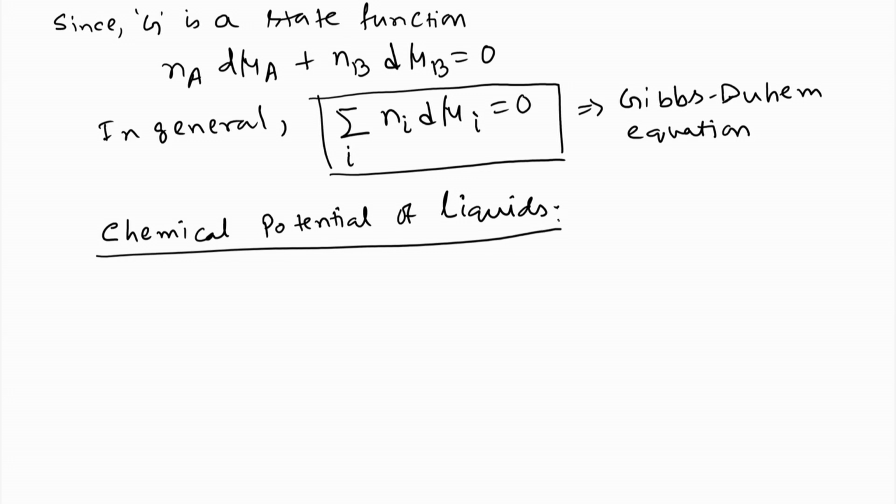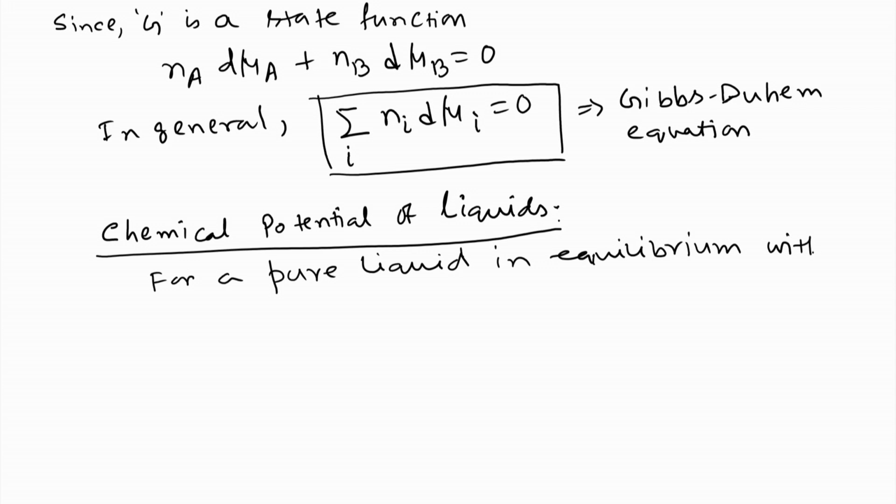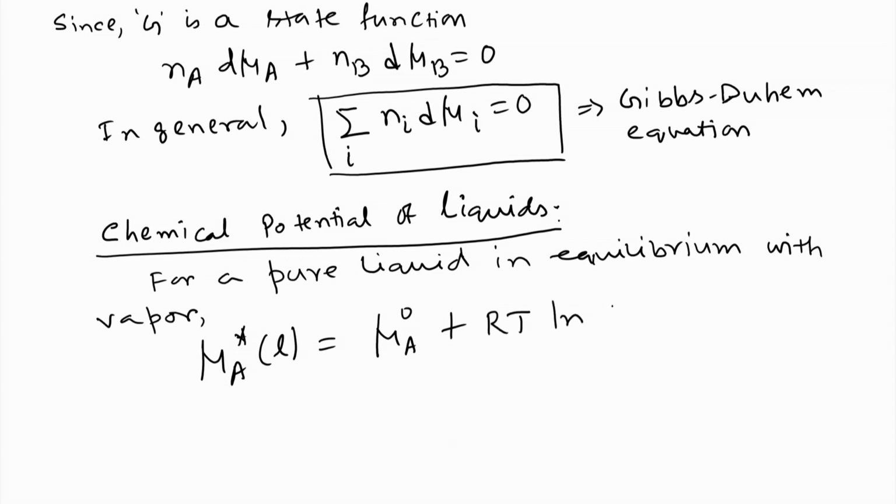For a pure liquid in equilibrium with vapor, suppose we have liquid A pure, then we can write mu A liquid equals mu A naught plus RT ln PA star. Okay.